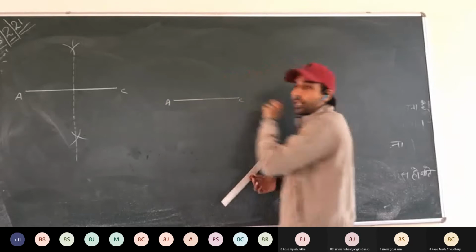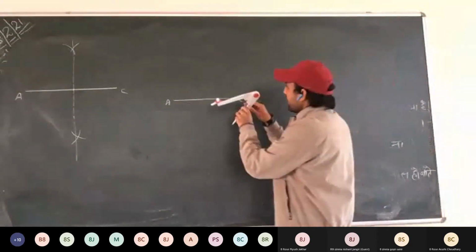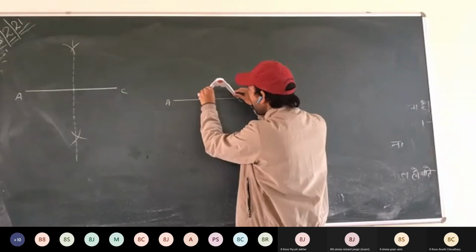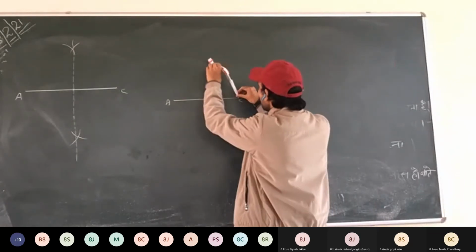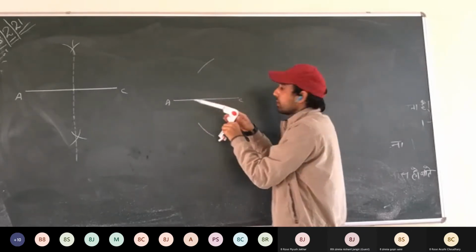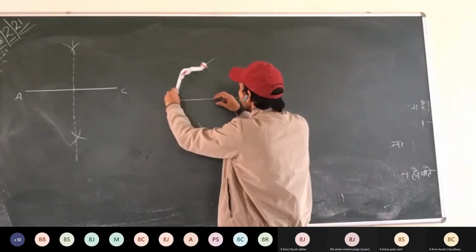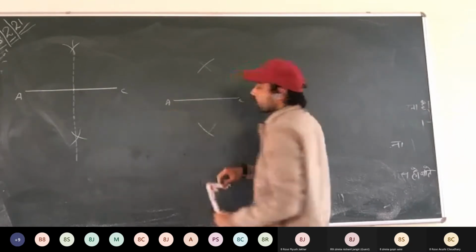We have drawn. We have to find the midpoint. So take any radius, but it must be greater than half of the length. For example, I'm taking this much. Any radius you can take. And from A, same radius, make an arc.